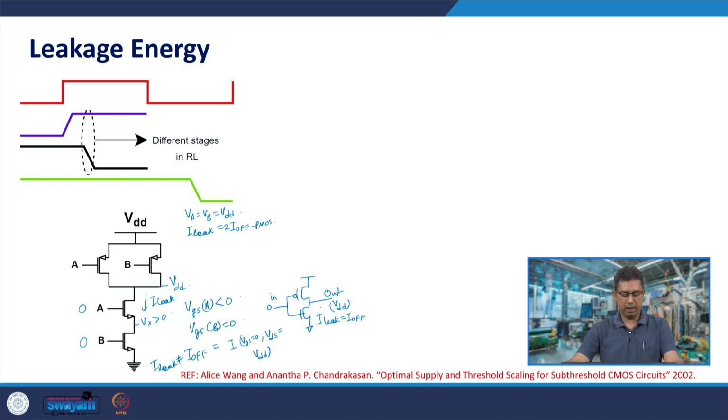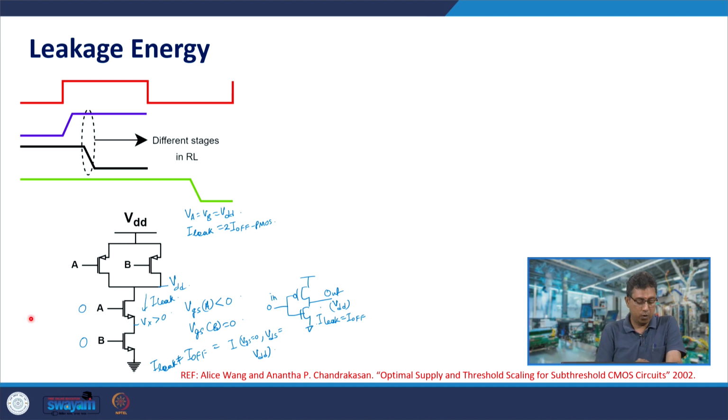The average leakage current would depend on the probability of inputs assuming certain values, 0 and 1. So, we would have to consider this average leakage current for each logic gate. That said, how do we estimate the leakage energy?